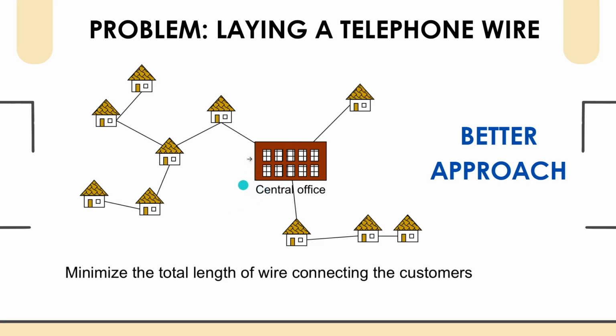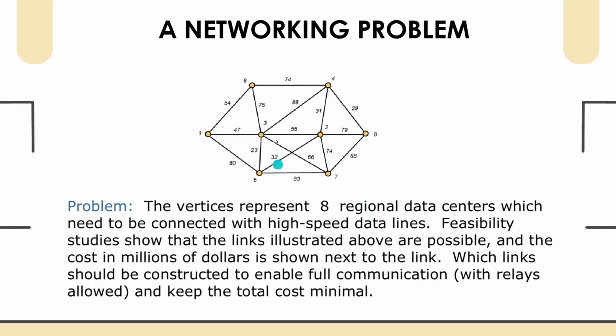Given a graph, we are trying to find a way to connect all those vertices through the edges with the least cost. Similarly, the same thing can be thought of for some other domain, like networking. We are given a set of data centers, as you could see here with the yellow bubbles, and those are regional data centers, and we want those regional data centers to be connected with high speed data lines.